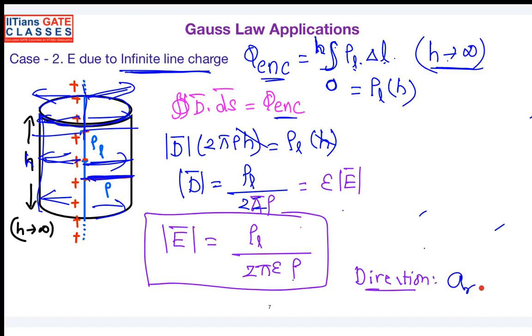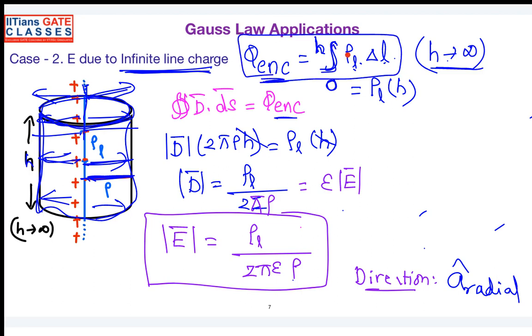Any questions in this? So this gives the electric field intensity due to an infinite line charge. First, the line charge is enclosed with a cylinder, and the cylinder satisfies the condition of symmetry. Find the total charge enclosed, which is the integral of line charge density over the whole length, taking h as the height of the line charge, assuming it to infinity.